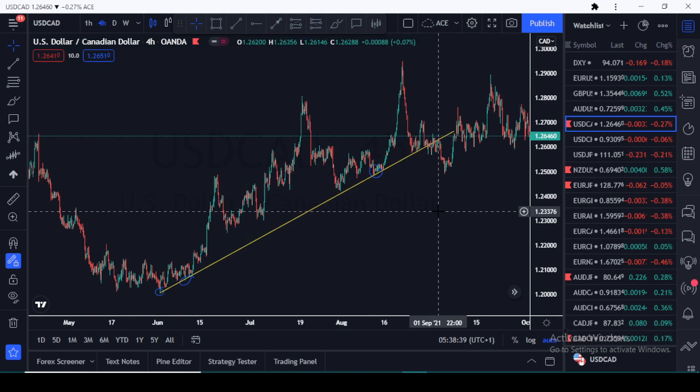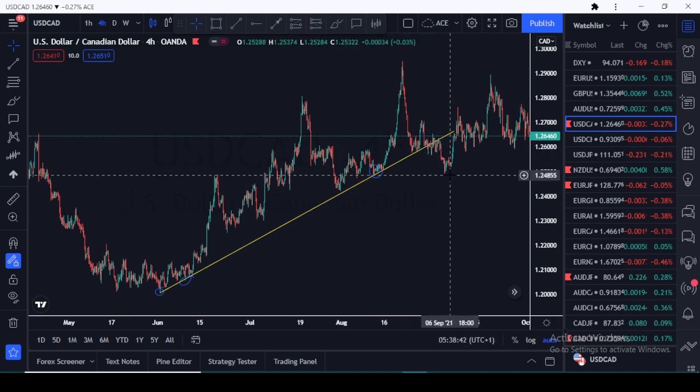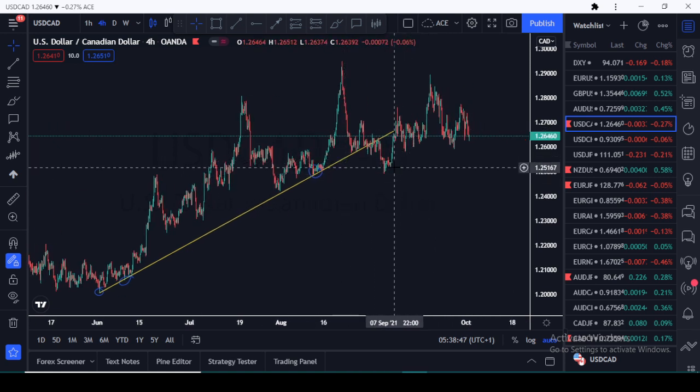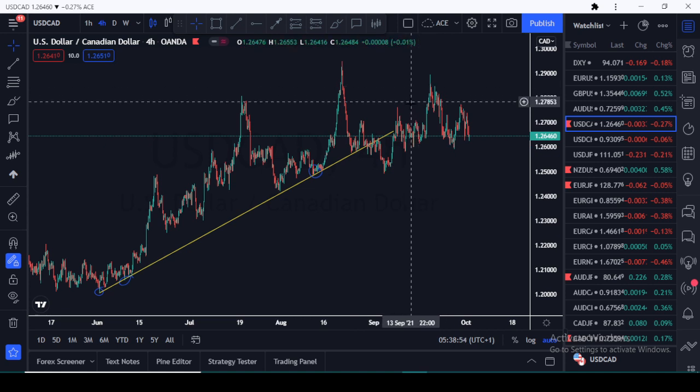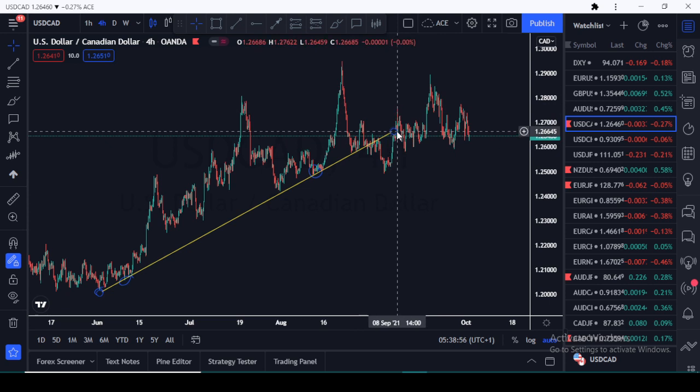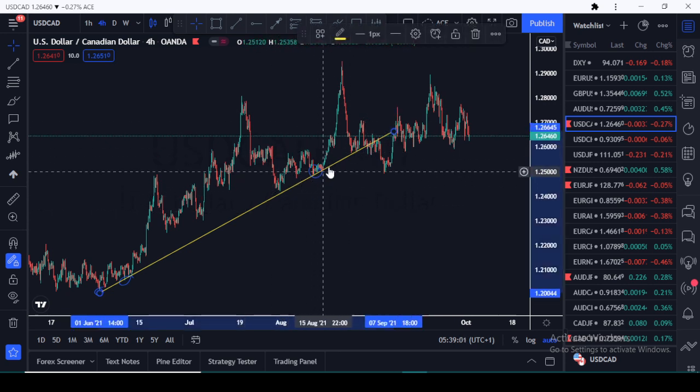Now another thing about trend lines, whenever the market breaks out from the trend line, it normally signifies a reversal in the market. But most of the time, the market can break down and break back inside like it did here. In this kind of situation, what we simply do is adjust our trend line to the current market structure. My trend line was like this before.